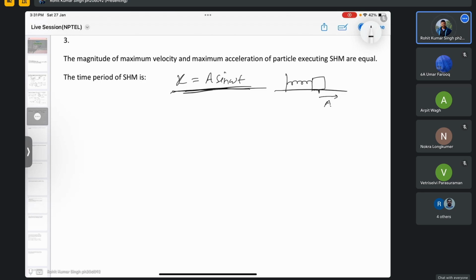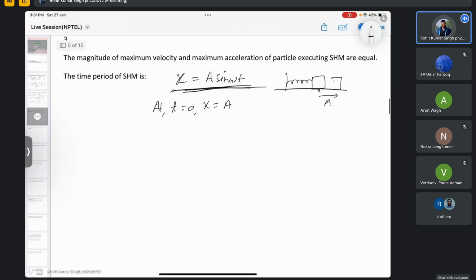How? Because you see, when you released it at t equal to 0, what is the distance? It is at x equal to a, right? You released it here, and then after some time it will go here, which is minus a, and it will stop.